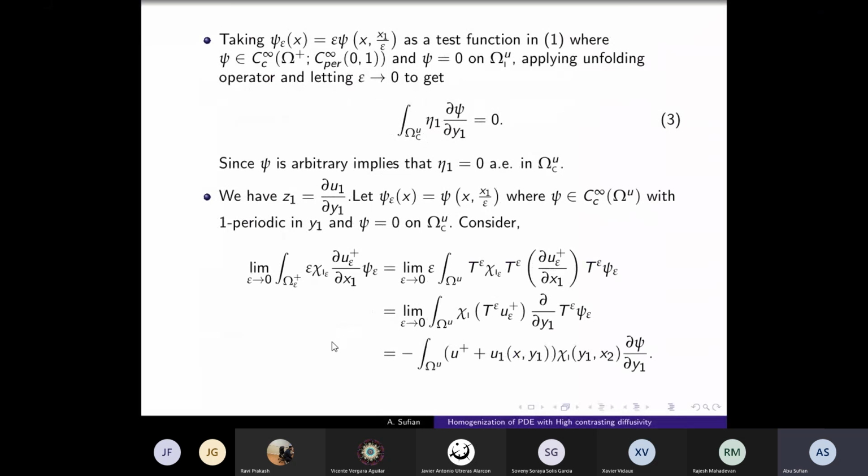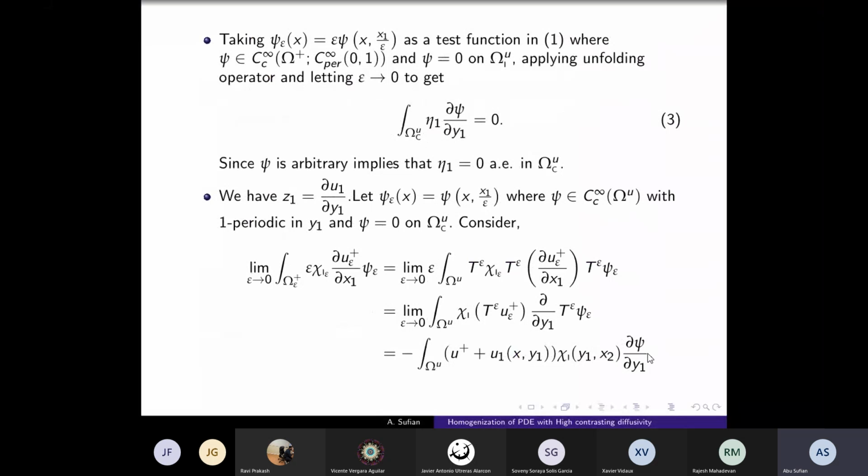Now consider this series of equalities. In the left part, if you apply unfolding, we're going to have this right part. Here, if you interchange the unfolding operator and the derivative with respect to x1, we're going to have 1 by epsilon extra. That 1 by epsilon extra will cancel this epsilon. Now we have this convergence of T epsilon u epsilon plus and del w, and this is a nice function, so we're going to have convergence to del psi del y1.